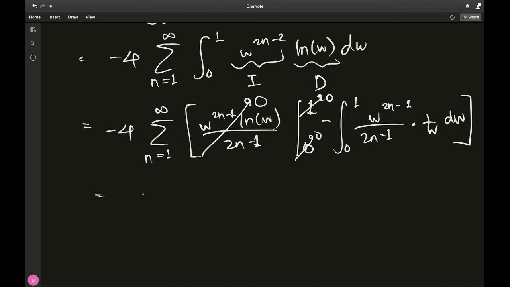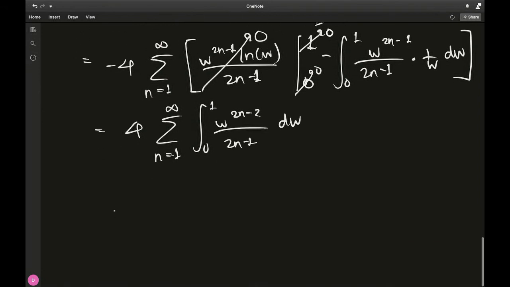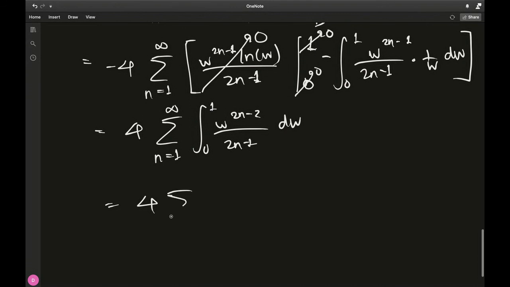So we have a negative negative positive 4, sum from n equals 1 to infinity of, we have integral from 0 to 1, w to the 2n minus 2 over 2n minus 1 dw. Now this antiderivative is pretty elementary.